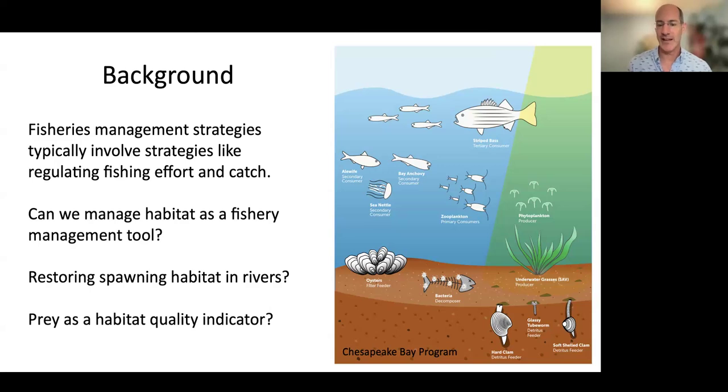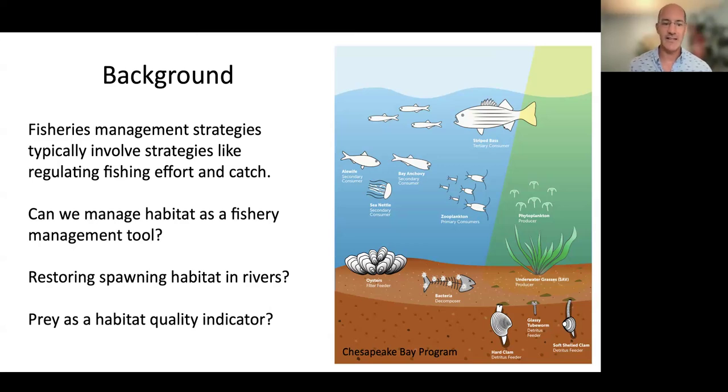Or managing the catch, which would be something like the restrictions that have been making a lot of news for striped bass this year, reducing the number of animals that you can catch and keep each day. So that's a lot of the traditional fisheries management.